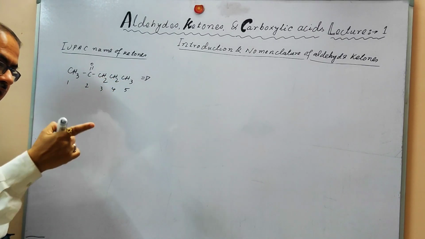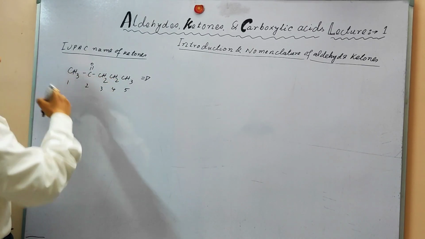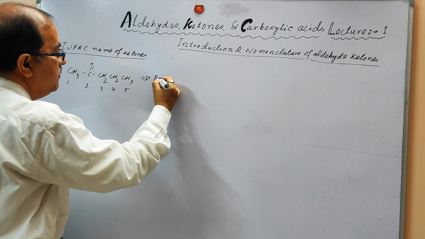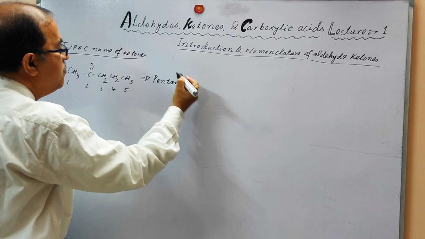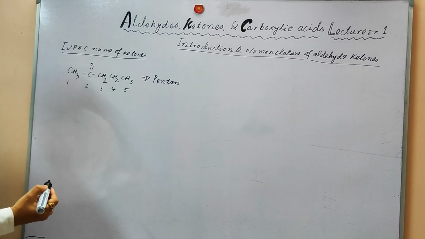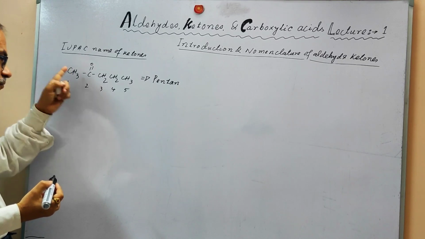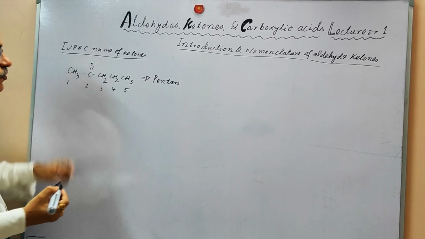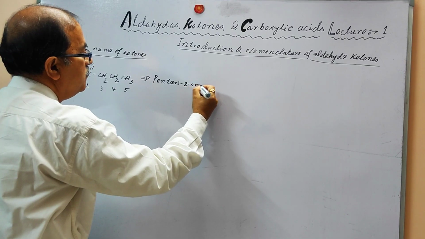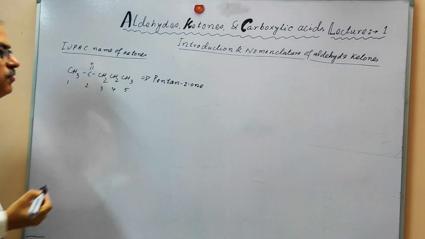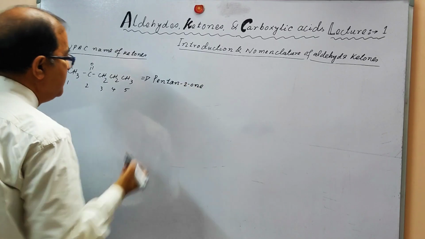From this we have the alkane name, 1, 2, 3, 4, 5, that is pentane. So we will write pentane, but the E we have to replace by ONE. Here the CO carbonyl group is at the 2 number position, so we write pentan-2-one. When you write this, you have to put this dash here. Okay.